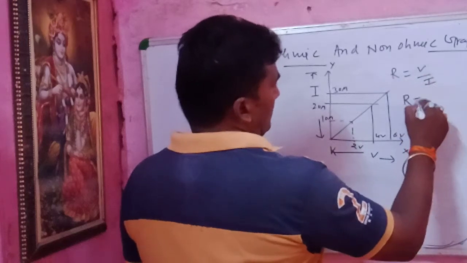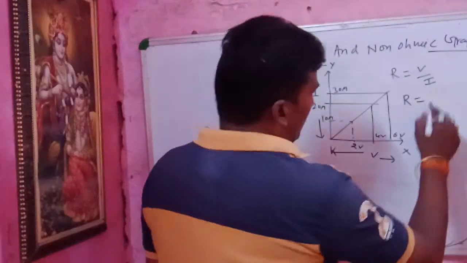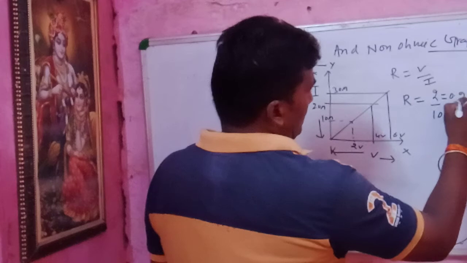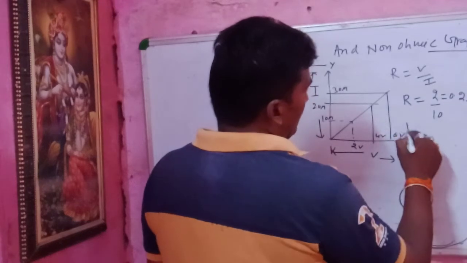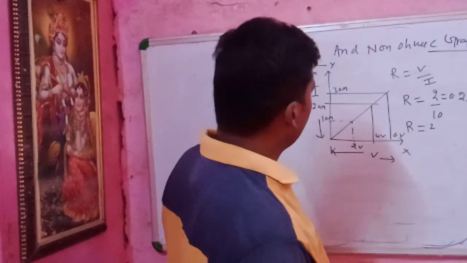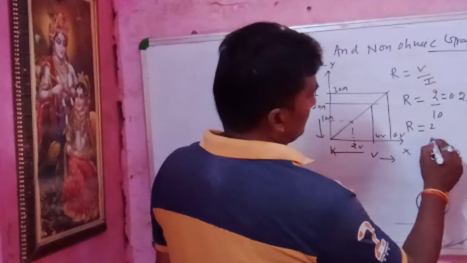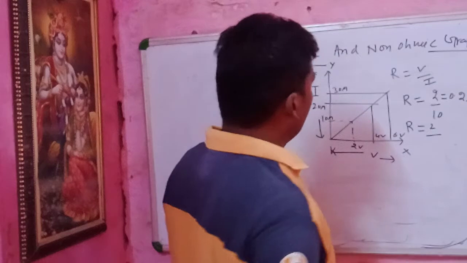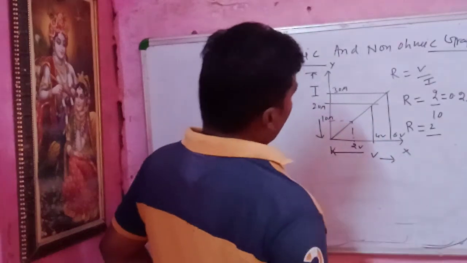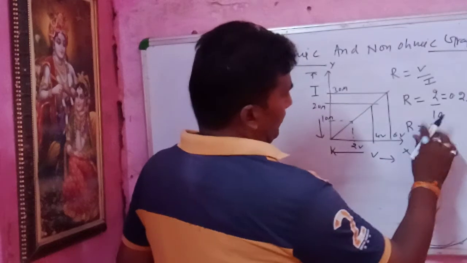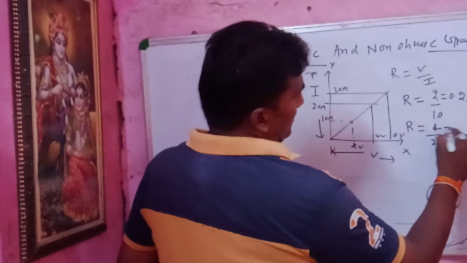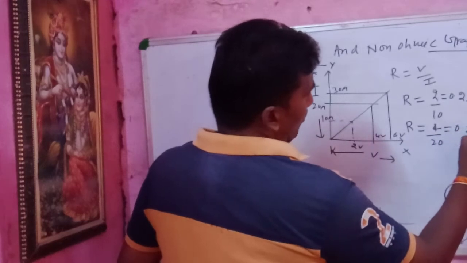The first value of the potential difference is 2 volt, then current 10 ampere, and the value of resistance is 0.2 ohm. Next, 4 volt, the value of current 20 ampere, 0.2 ohm.